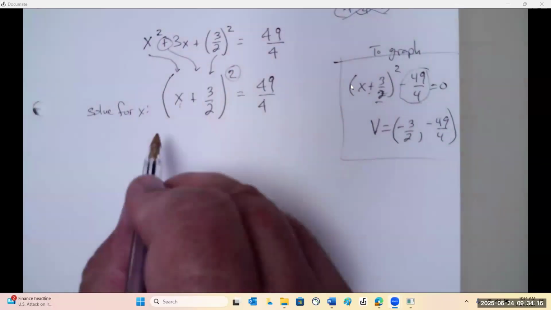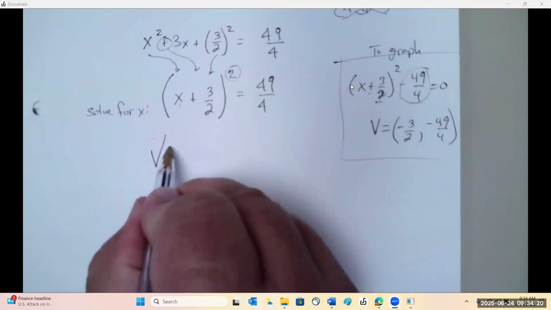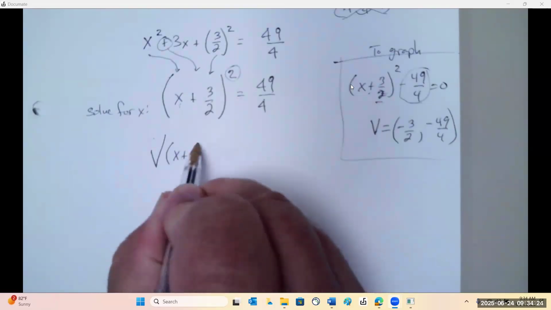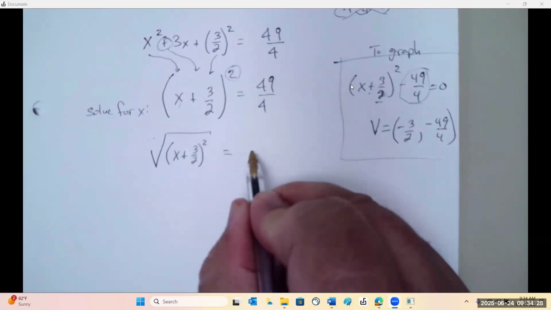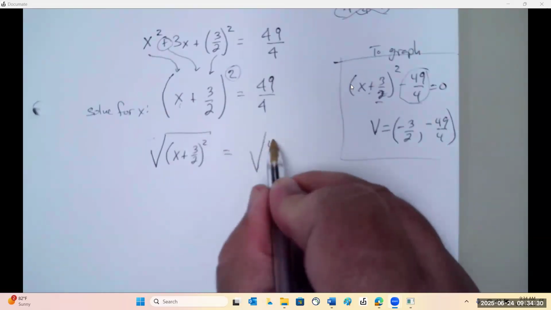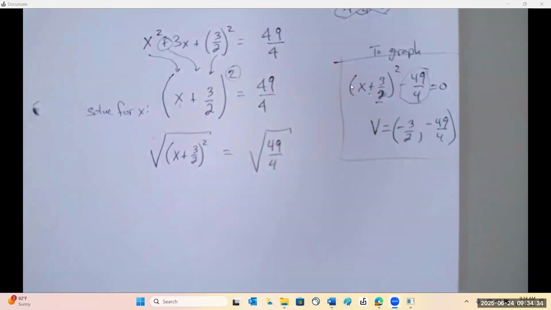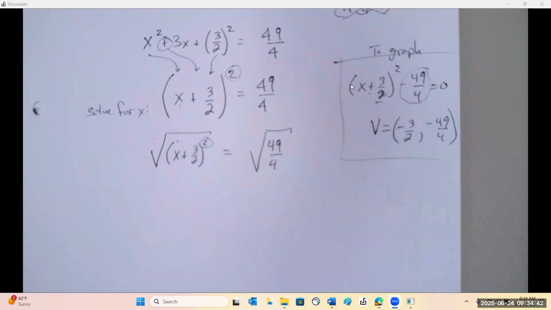How? Square root. We have to do that to both sides. But remember, whenever you square root something that's squared, what do we have to do?